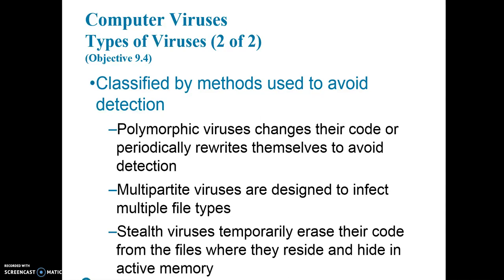I hate to attribute human qualities to viruses, but through their code, they know when a scan is being run, and then they can erase themselves from where they normally reside and go hide in active memory. If you're not doing a thorough scan that checks everything, then those types of viruses are going to be missed. I think it's totally crazy that these things happen like that.